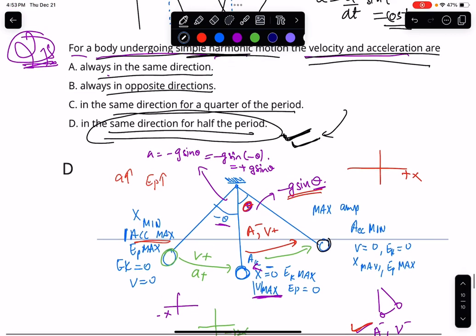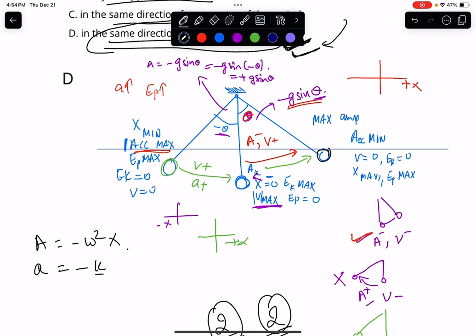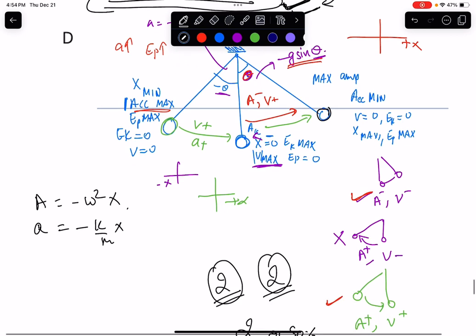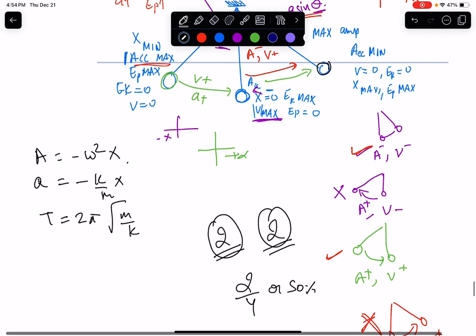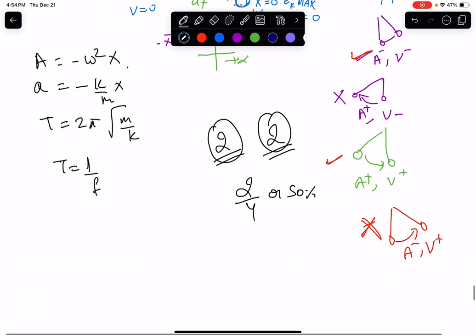You need to know the important equations. So you need to know that the acceleration is negative omega squared x. The acceleration is negative k by m times x. You need to know that T is 2 pi square root of m by k. And in this case, you would need to know that the time period is 1 by frequency. And so you need to know these things over here.